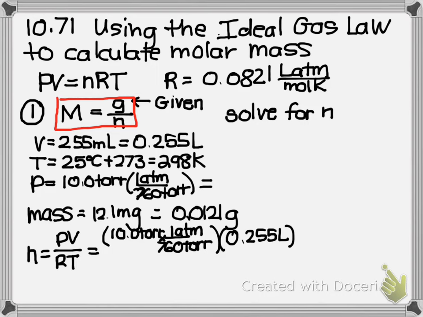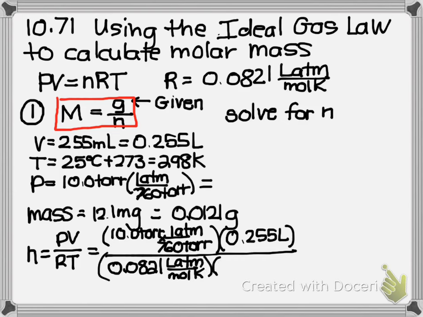Then I multiplied that by volume, and then R, which I know is the gas constant. And then temperature, I plugged in 298 Kelvin. If you solve this problem, you get 1.37 times 10 to the negative 4 moles.